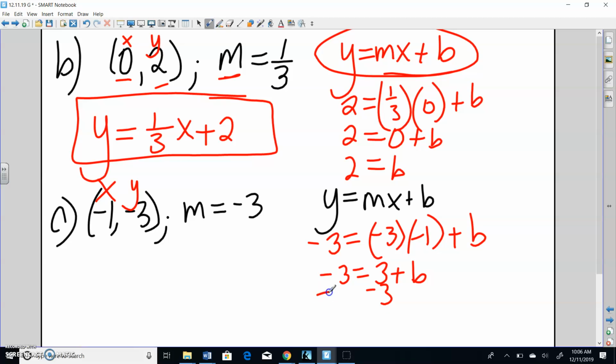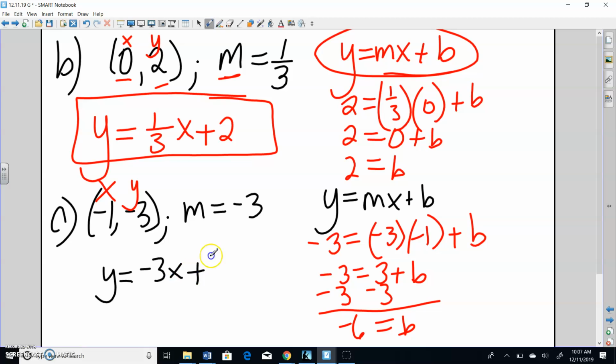Subtract 3 over. So we're going to get b equals a -6. Now what do we do, Autumn? So what's that going to be? Oh, -6. Yep. There we go.